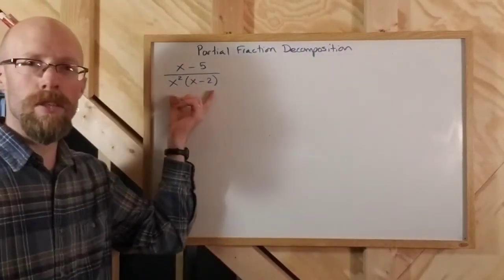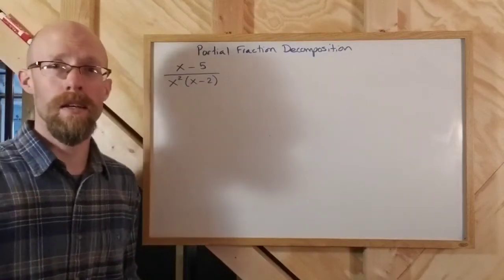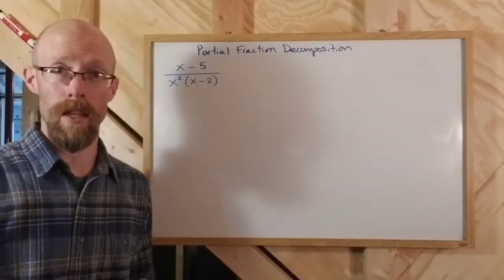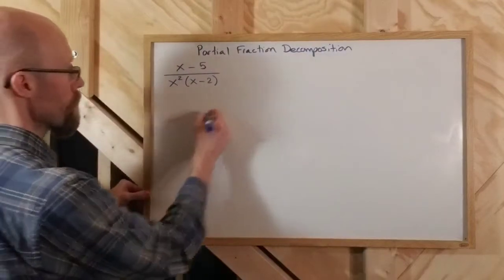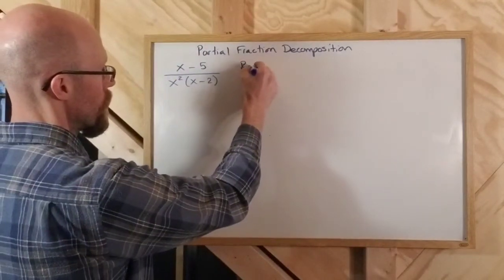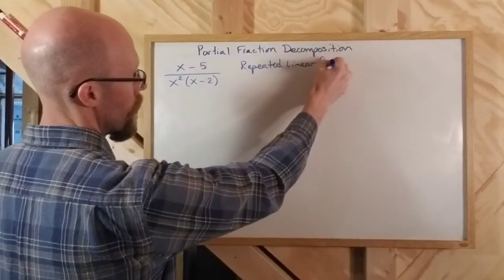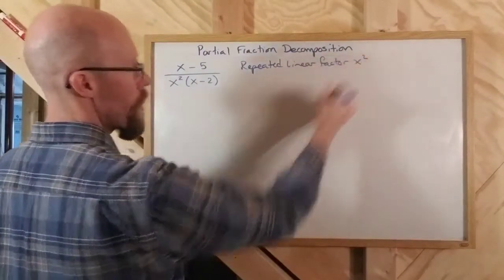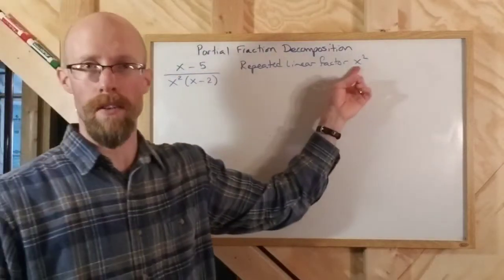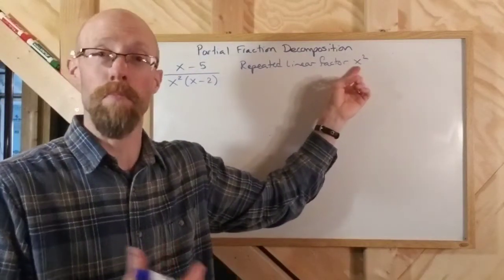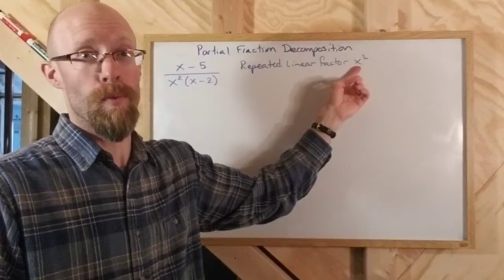Well, here I actually have both a repeated linear factor and a non-repeated linear factor. Notice the repeated linear factor is x squared. Now you might think, well, that's actually a quadratic factor, right? It is quadratic, but it's also linear. Weird.